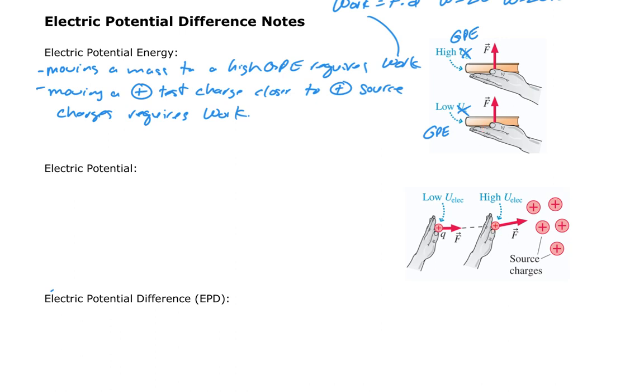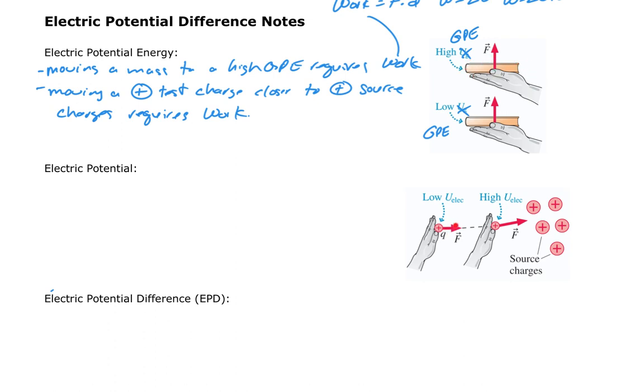Same thing with our test charge. If we were to remove this hand and provide a path for the test charge to move, it would certainly move to an area of lower electric potential energy. Now, in both cases, in the case of gravitational potential energy, the gravitational potential energy is dependent on the size of the book or the size of the mass.